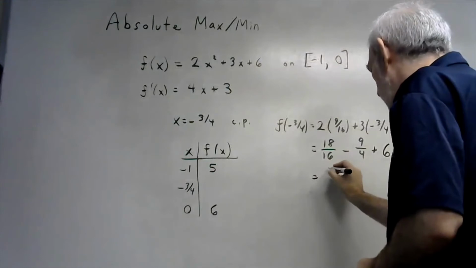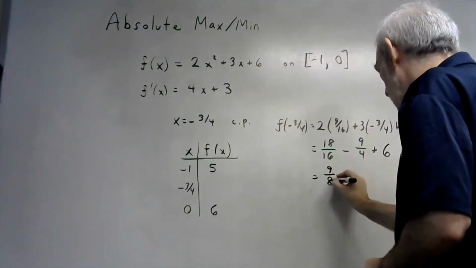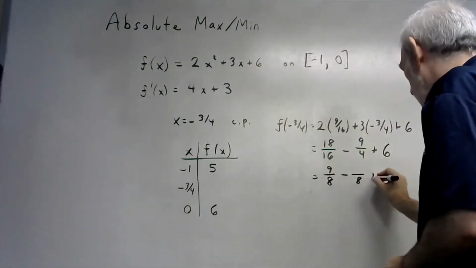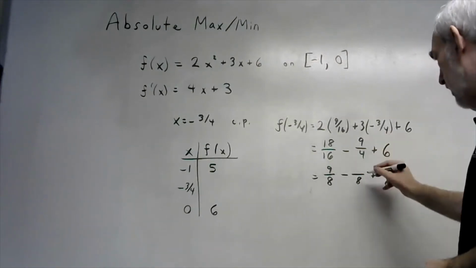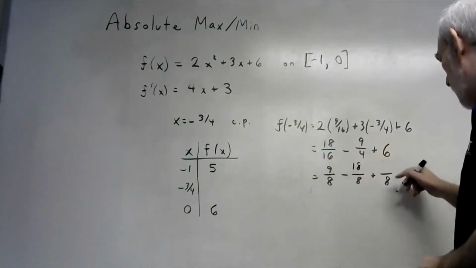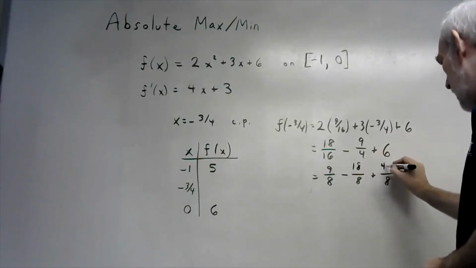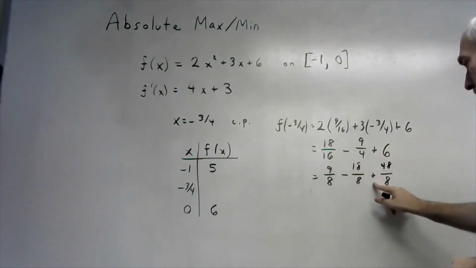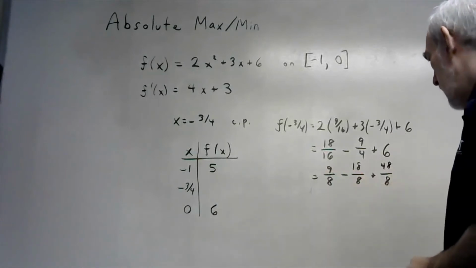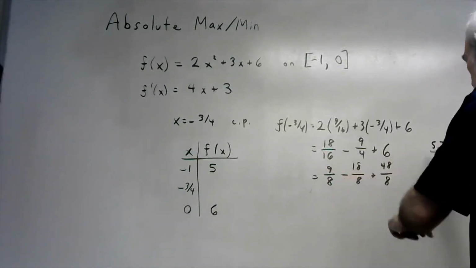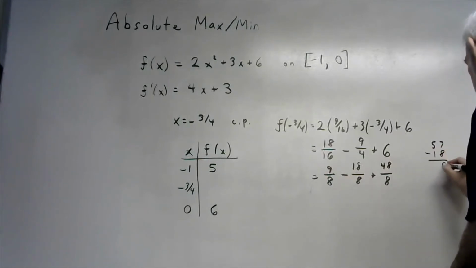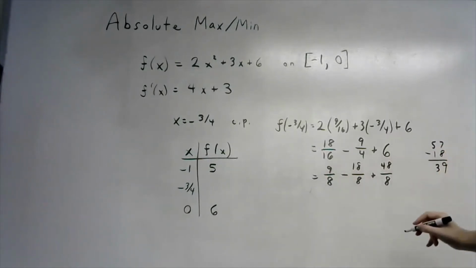I can reduce that fraction down to 9/8. Let's also get these to be 8s in the denominator. So multiply the top and bottom of this by 2, and multiply the top and bottom of this by 8. So positive 48 plus another 9 is 57. Minus 18 is 39/8.